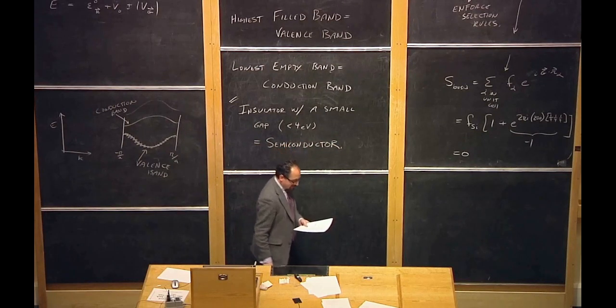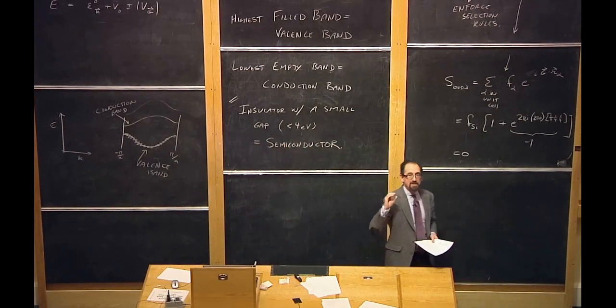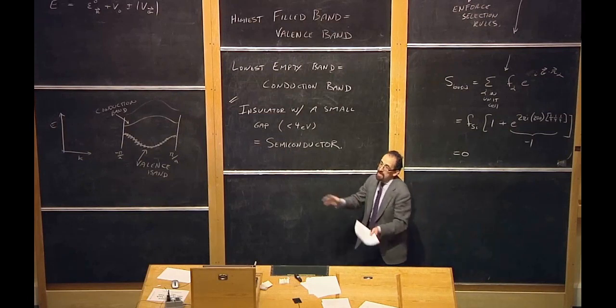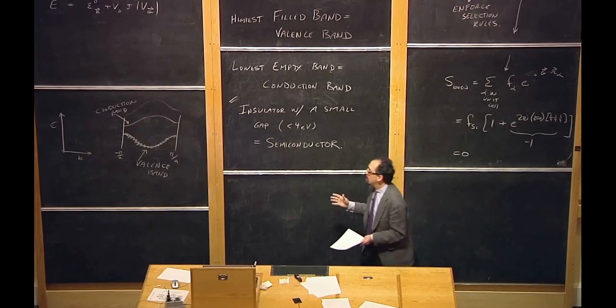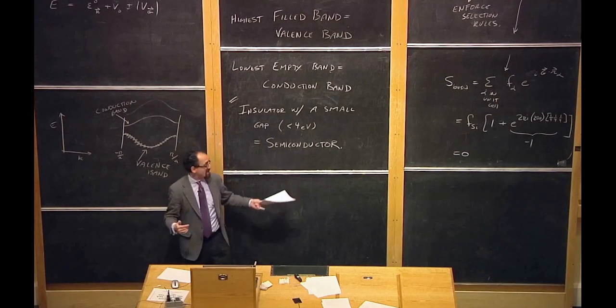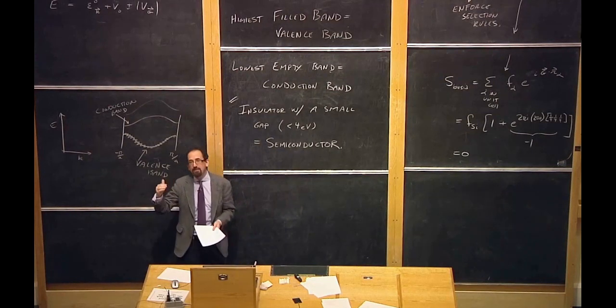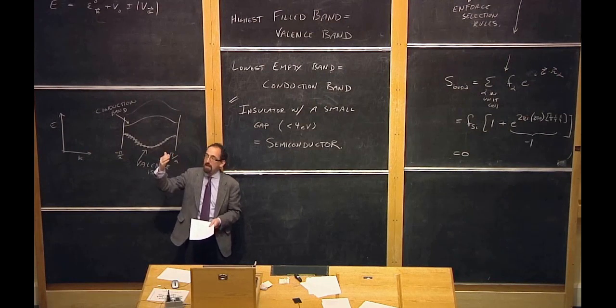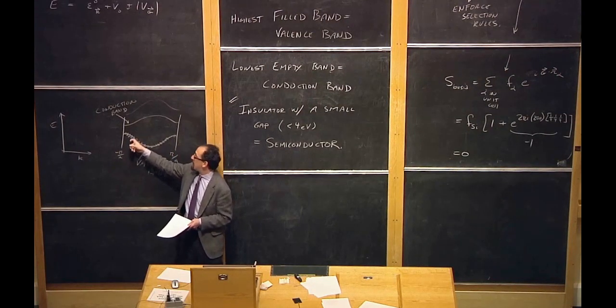The reason for this nomenclature is that if the gap is sufficiently small, then at zero temperature this would still be a really good insulator. But at room temperature, 300 Kelvin, if the gap is less than about 4 electron volts, then a few electrons will still be able to get thermally excited from the filled band into the empty band.